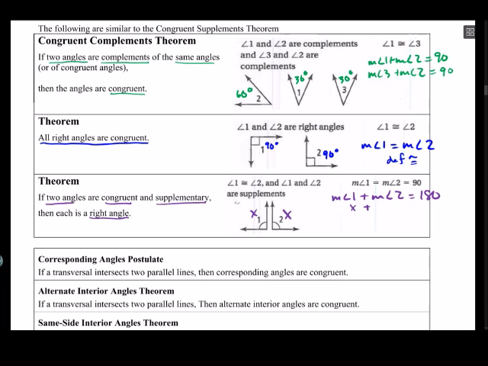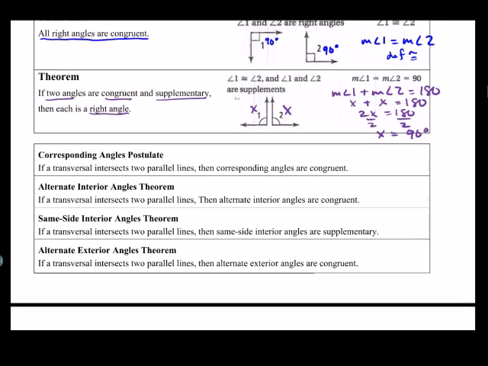And I get x plus x equals 180. Combine like terms, our distributive property there, divide by 2, and x equals 90 degrees. So very simple proof on that one. But some very useful theorems for us here.